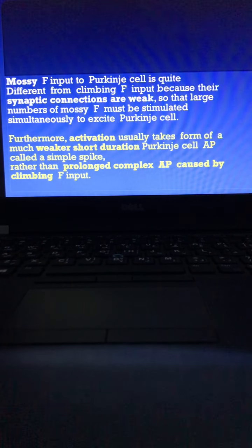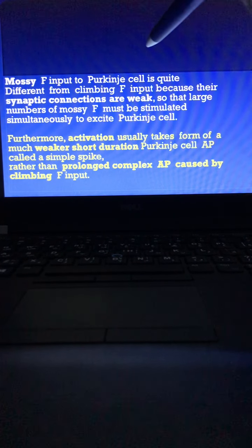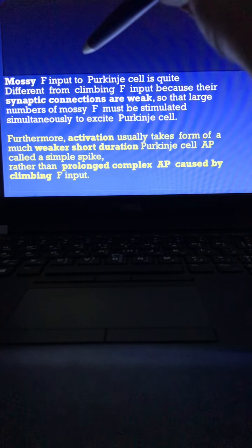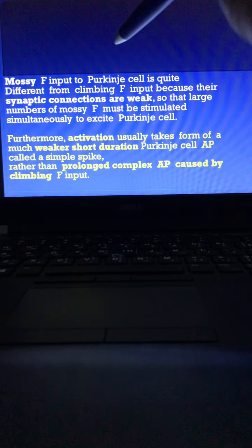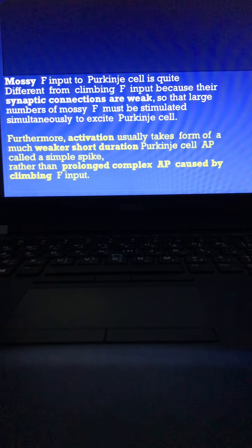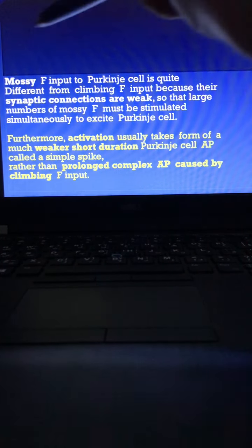Mossy fiber input to a Purkinje cell is quite different from climbing fiber input because their synaptic connections are weak, so large numbers of mossy fibers must be stimulated simultaneously to excite a Purkinje cell.